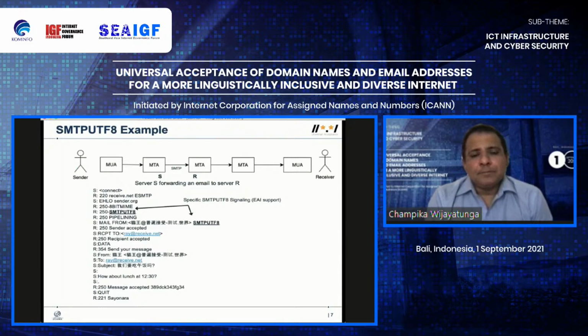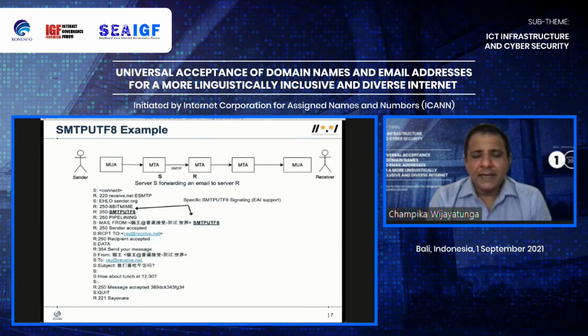This is just an example to show this support aspect with regard to these protocols. Now you can see a sender and a receiver in this diagram, and in between you can see those different components that I explained earlier: mail user agent, the mail transfer agents, basically the mail servers.